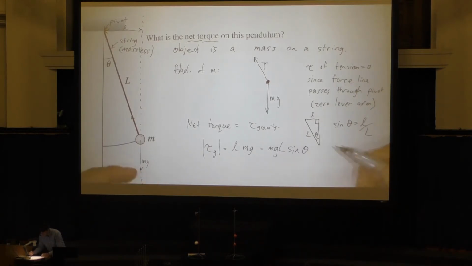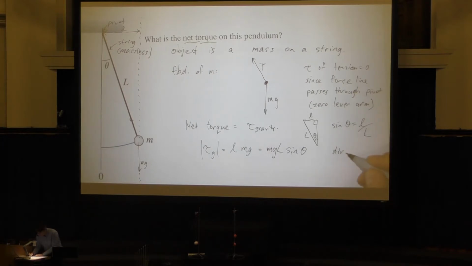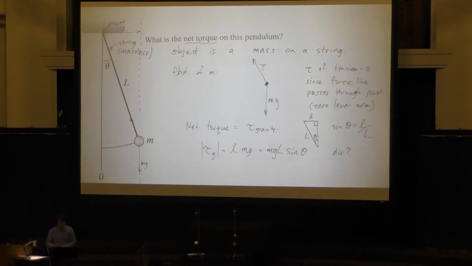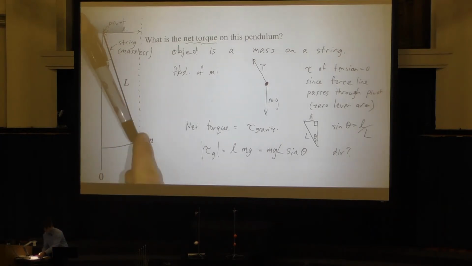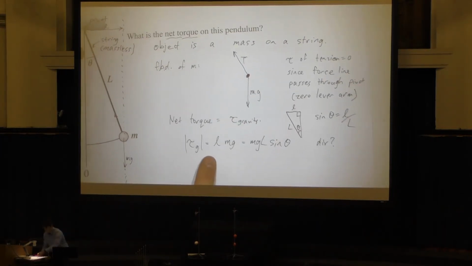And then is it direction? If you are pulling downwards on this and the pivot is up there, is that a clockwise or counterclockwise torque? Well, it wants to pull it down, so it's going to go this way.